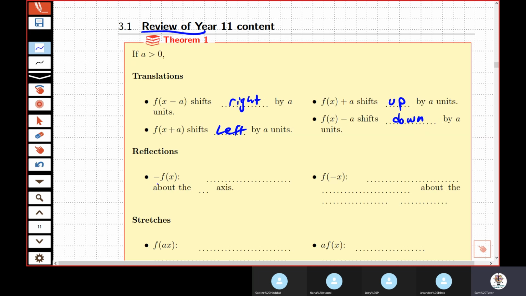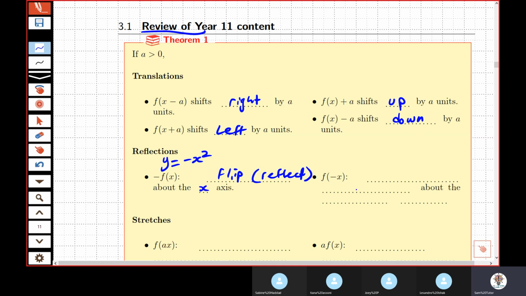Reflections, something that you might already know. If the negative's on the outside, just like this, what happens to your negative of the whole thing? So negative of f of x. Flip or reflect, as you can see the word that they use, about the x-axis, so you're flipping down.